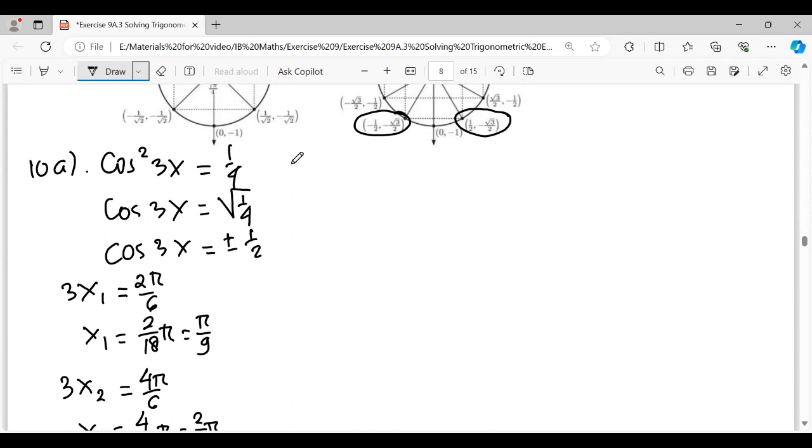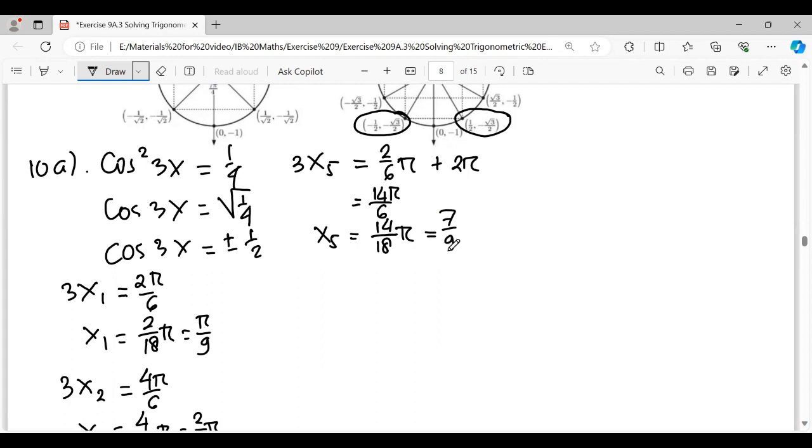I'm going to use this space. 2 pi/6, this one, plus 2 pi equals 12 plus 2, 14/6. So x5 is 14/18 pi, 7/9 pi.